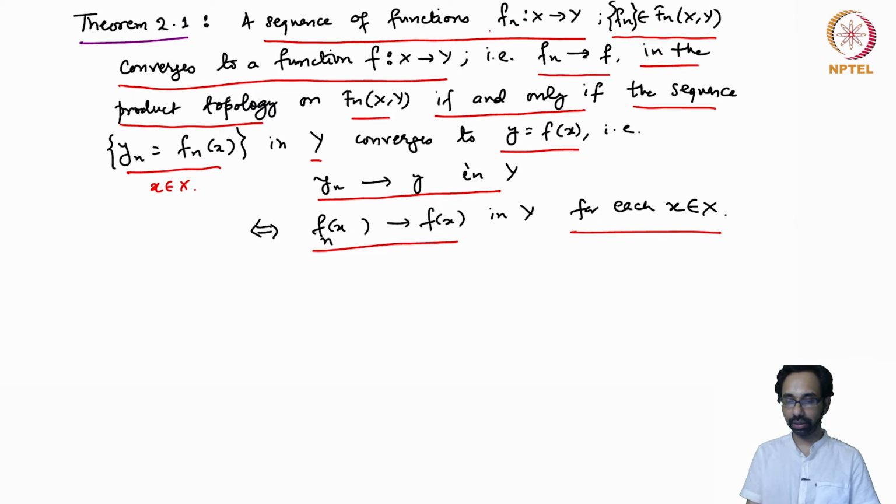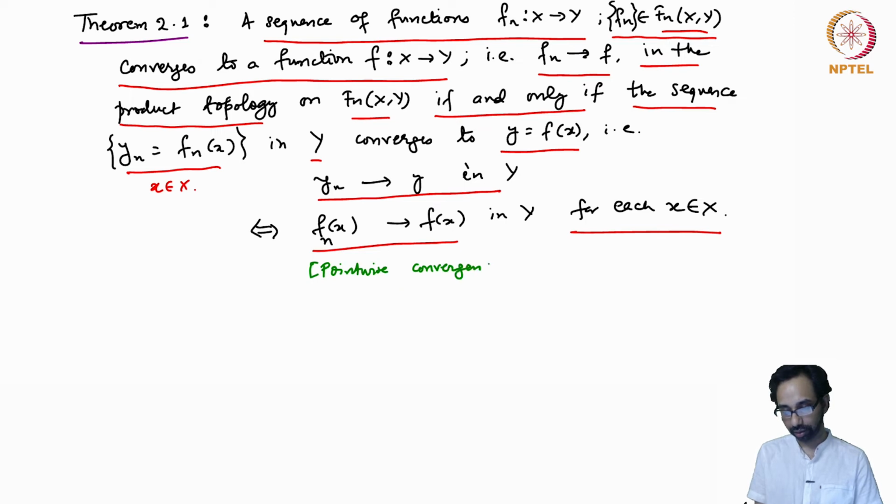So the convergence of a sequence of functions in the product topology on Fn(X,Y) is the same as the convergence of f_n(x) to f(x) in Y for each x in X. This is the pointwise convergence, because it means that whenever you consider the image of a point under the sequence of functions f_n, that sequence in Y converges to the image at the point x of the function f, which the sequence f_n converges to.